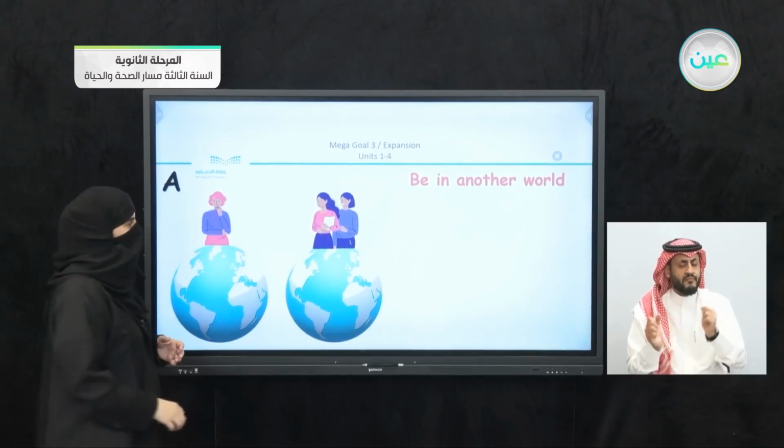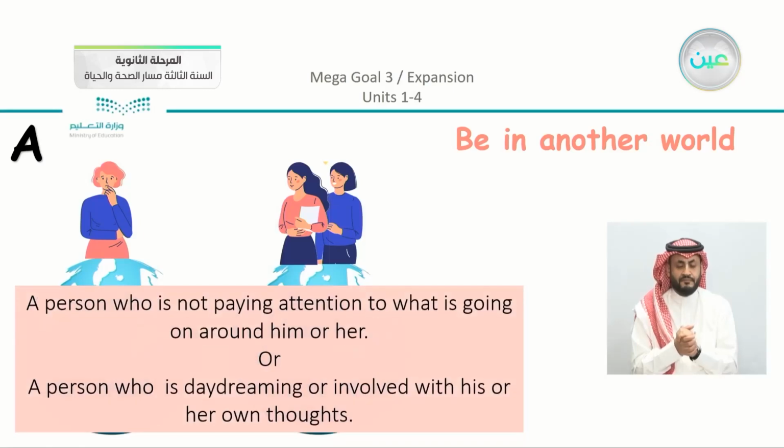So just guess for it. Now we have here the meaning, a person who is not paying attention to what is going on around him or her, or a person who is daydreaming or involved with his or her own thoughts. So did you guess any one of these meanings? If you have, it is correct. But now you know that there are 2 meanings.